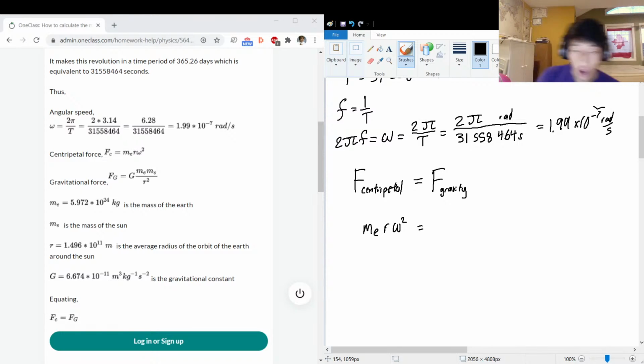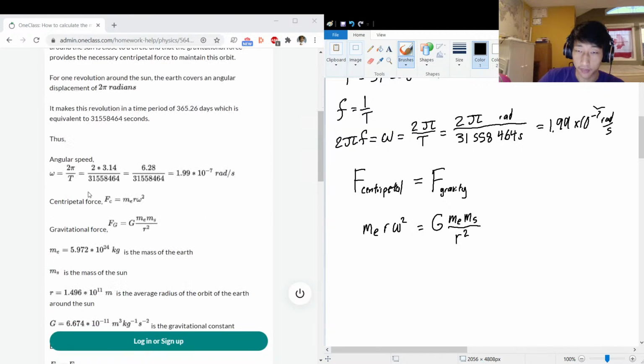And for the force of gravity caused by the sun on the Earth, we're going to use the official equation. We're not just going to use mg, we're going to use capital G, mass of the Earth times mass of the sun divided by r squared. The mass of the sun, ms, is what we're really looking for in this problem.